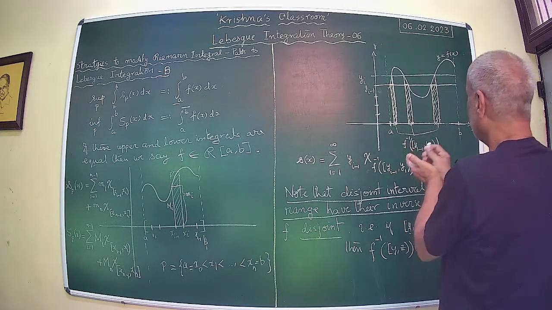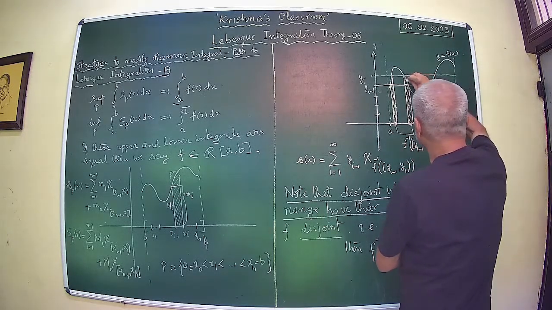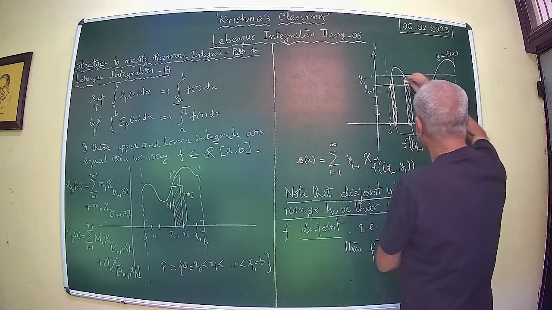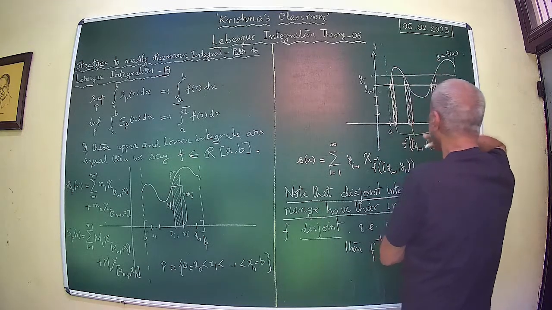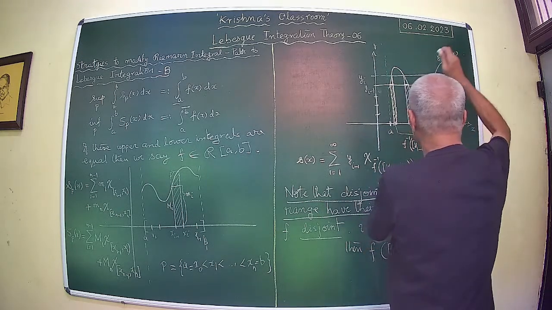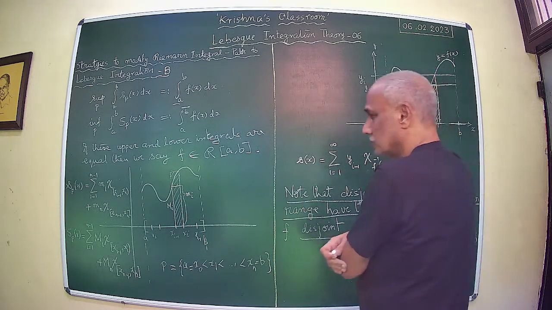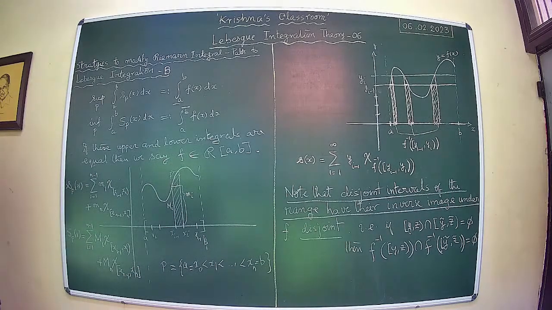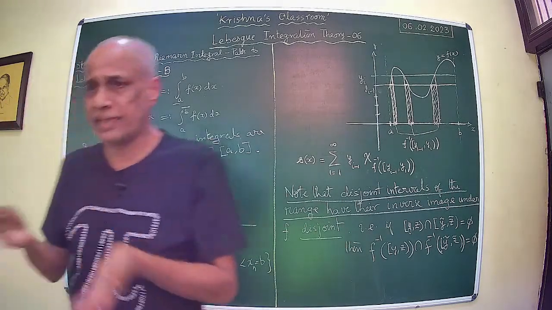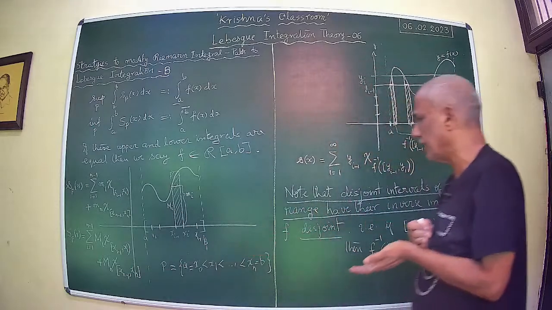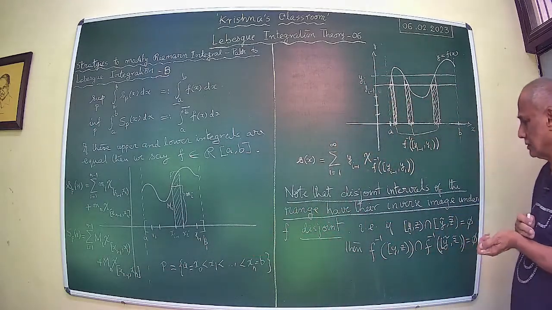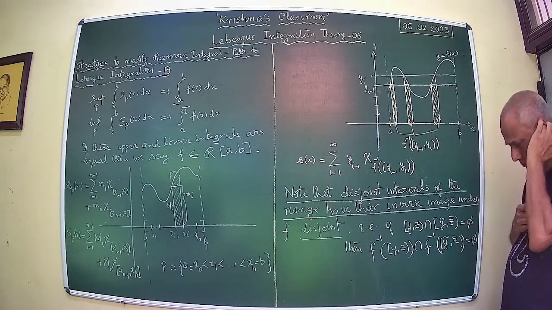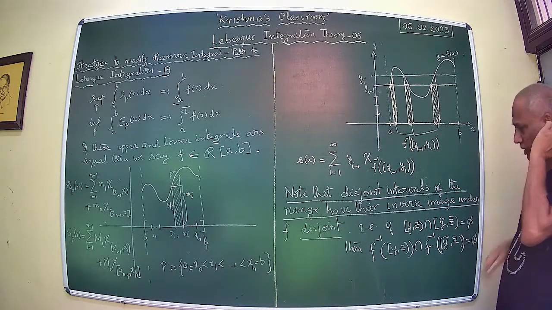Once again, in this portion, this is approximated by this line, this is approximated by this line, and this is approximated by this line. If you take another interval, then it is going to be a different story. For each such interval there is a pullback, and these pullbacks of distinct or disjoint intervals are disjoint sets.